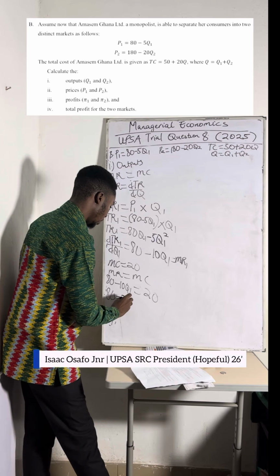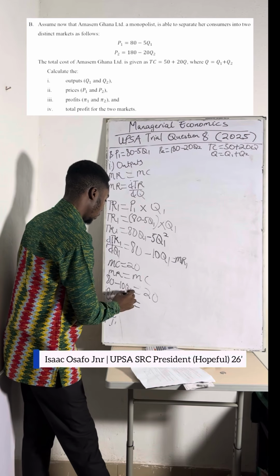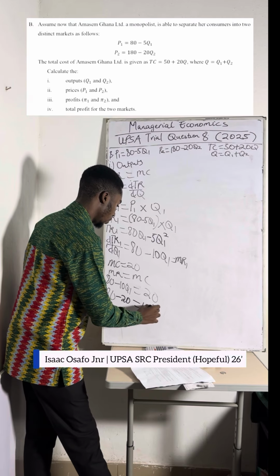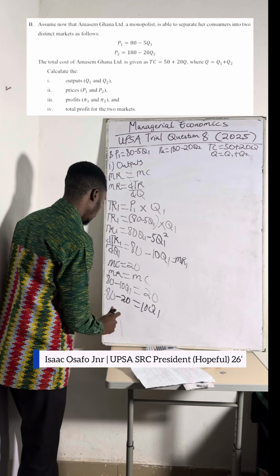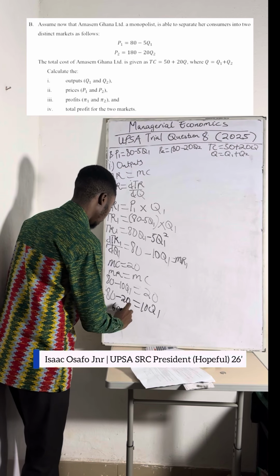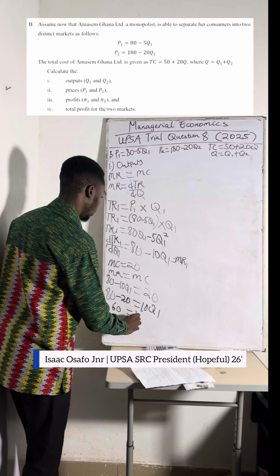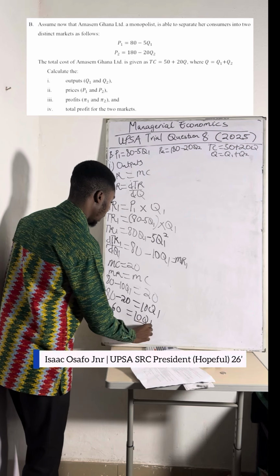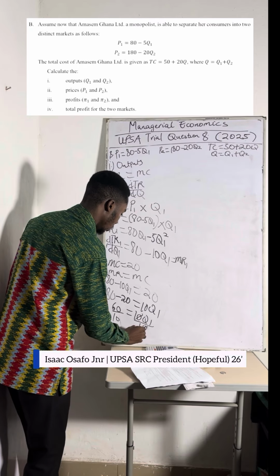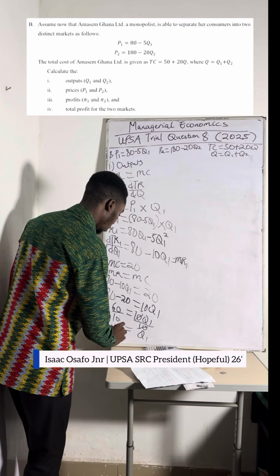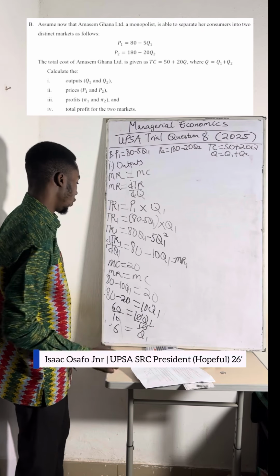So minus 20, and we get positive 10Q1, because it's also crossing the equal to sign. You get it? So 80 minus 20 should give us 60, and this should equal 10Q1. So you can divide both sides by 10, so this will cancel this. So our Q1 should be equal to 6. I hope you get it.